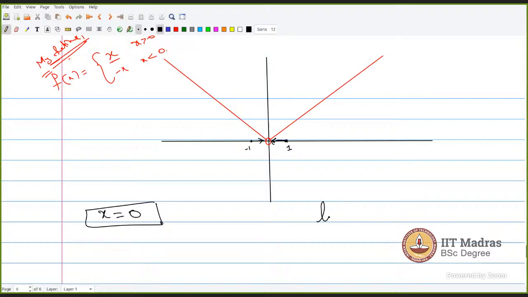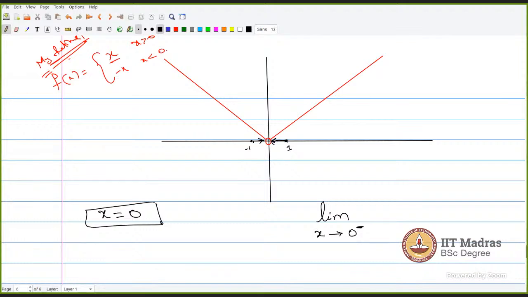When I say x tends to 0 minus, this indicates that x is approaching 0 from the left hand side. The 0 minus values are lesser than 0, which tells me that these x values are negative and approach 0 from the left.